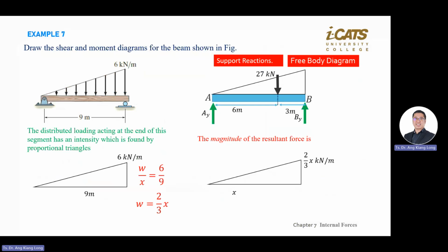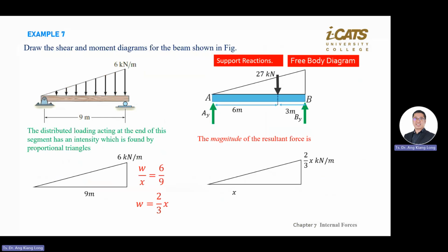So we can convert this triangular into this simplified triangular, which is x, and W is 2 over 3x kilonewton per meter. This means we change the 6 kilonewton per meter into a general equation diagram. Why do we need this?